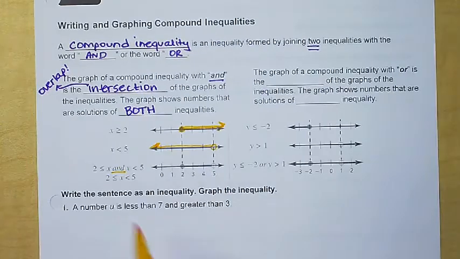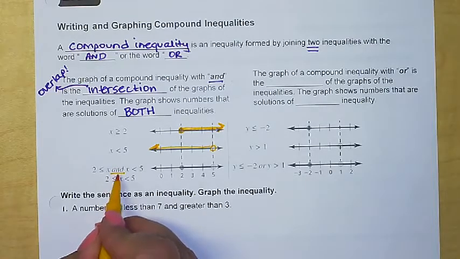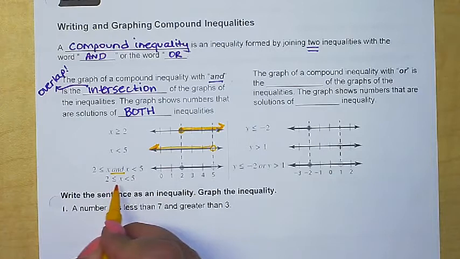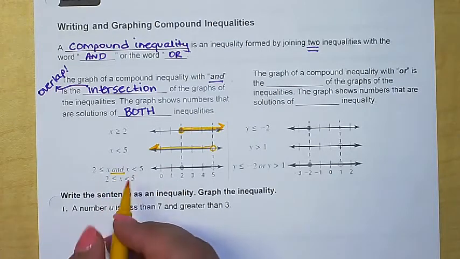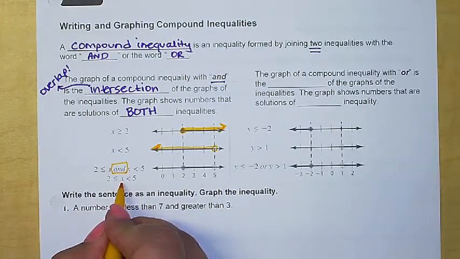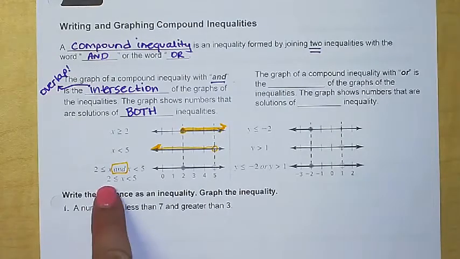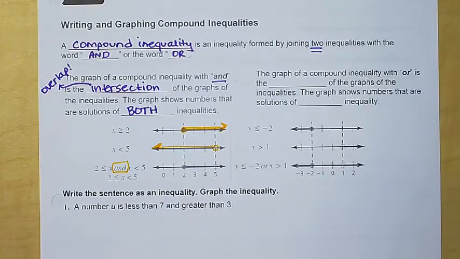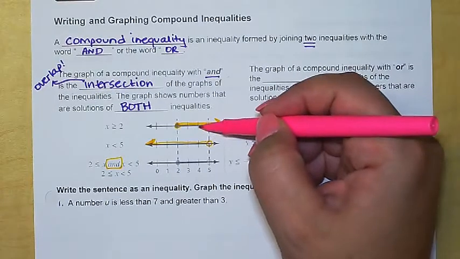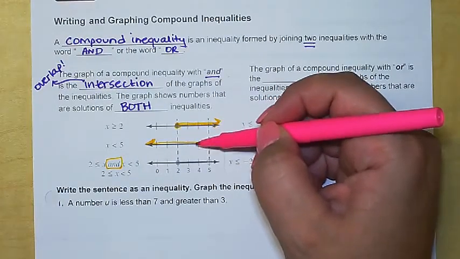We can say that either with an and statement, or what you'll see very commonly done is they'll put that together as a double inequality like this, and that only happens with the and statement. We might say all the x's between 2 and 5 that include the 2 but do not include the 5, right? So we're looking at just this little section in the middle where the two solutions overlapped.